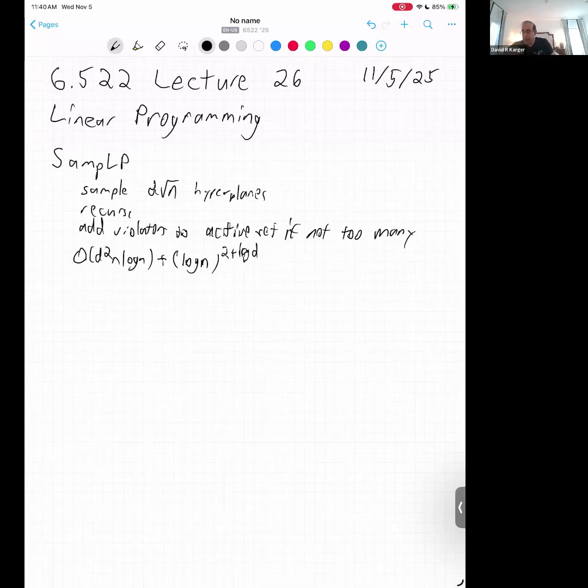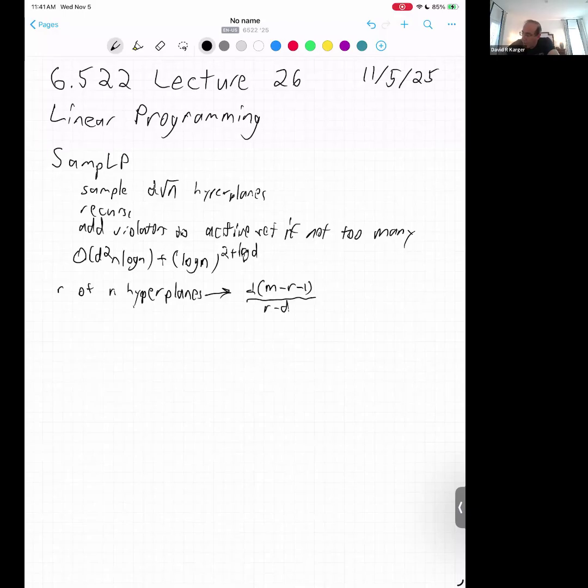And this relied on a sampling theorem, which said that if you sample r of n hyperplanes at random, then you get d times (m minus r minus 1) divided by (r minus d) violators.